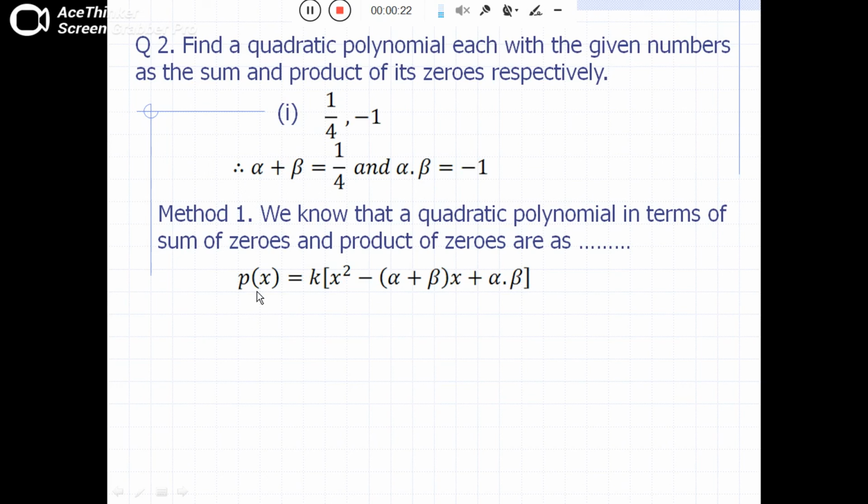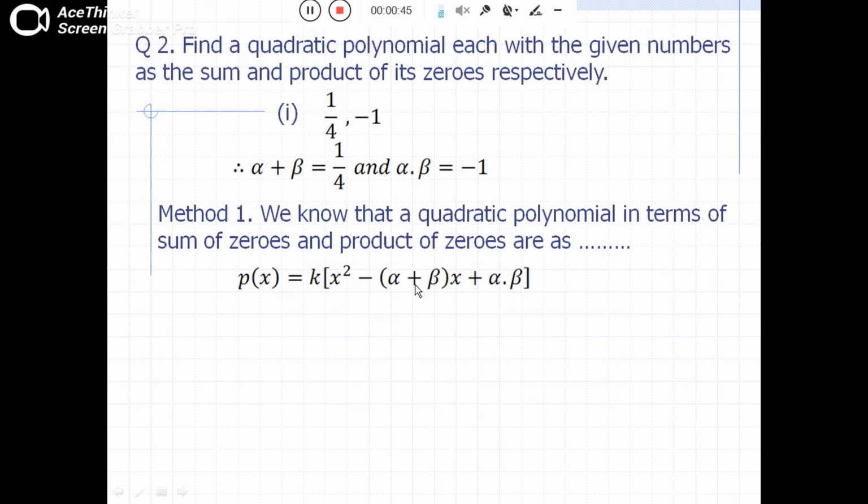Your polynomial p(x) equals k, a constant, multiplied by x square minus (alpha plus beta) into x plus alpha into beta. This we have discussed in the previous videos. So this is used as a formula.